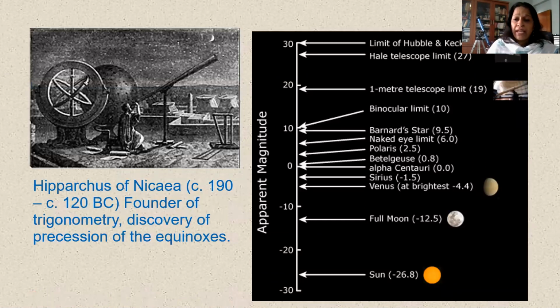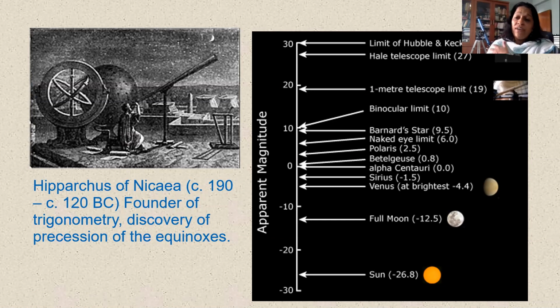Now, how would we measure this brightness? The earliest records we have of people trying to measure brightness were by Hipparchus, around 190 to 120 BC. He is also considered the founder of trigonometry. Another very important thing he discovered was the precession of the equinoxes.